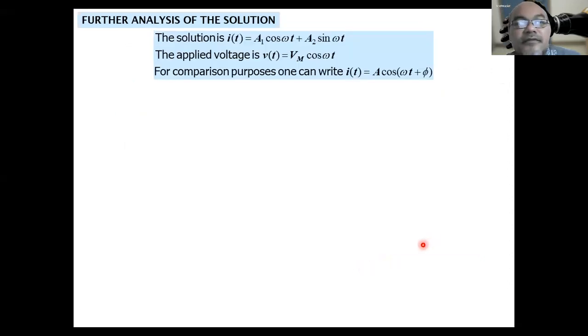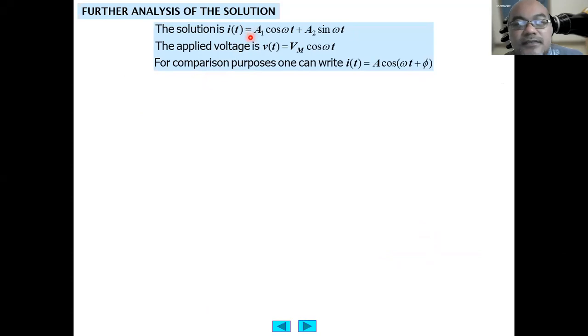So the solution is i(t) equals to A1 cosine omega t plus A2 sine omega t. The applied voltage is v(t) equals to Vm cosine omega t. For comparison purpose, we can write then i(t) equals to A cosine omega t plus phi.